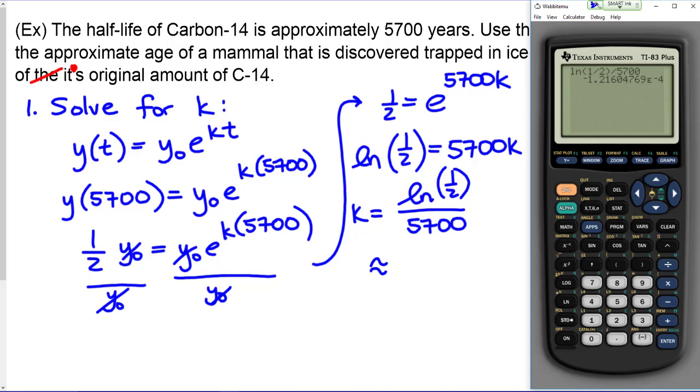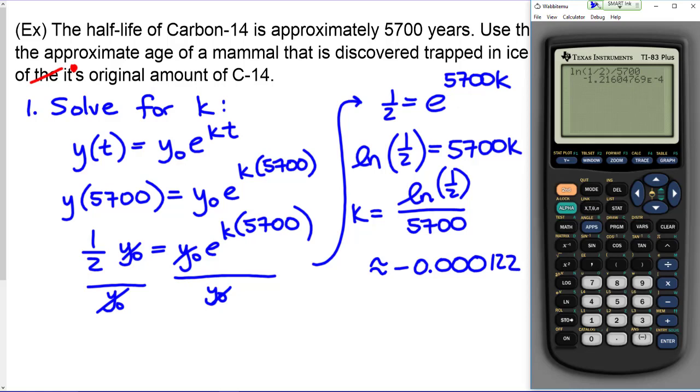That e minus 4 is just the way that the calculator represents scientific notation. So essentially this is representing negative 1.216 times 10 to the negative 4th power. Or you would have 3 leading zeros and then start your significant digits. So I'll put it as 122.